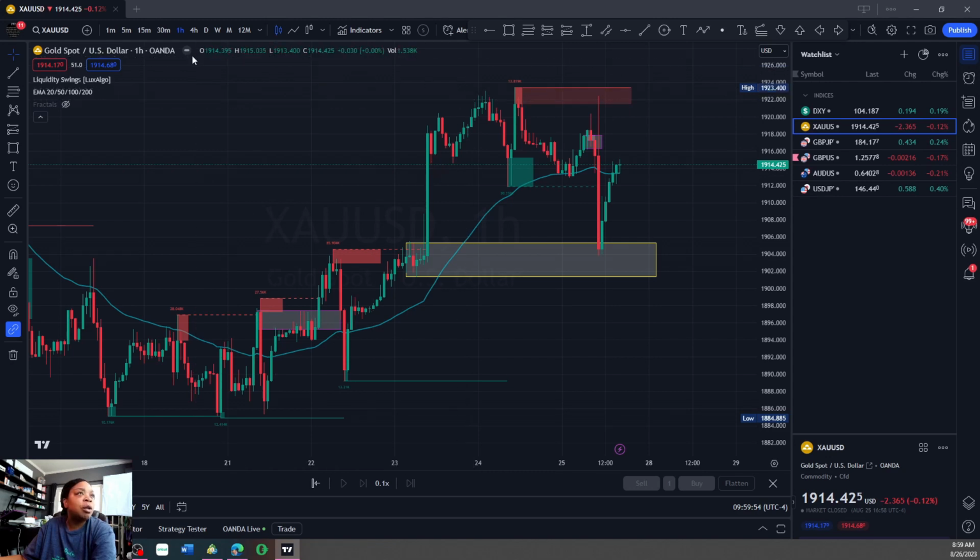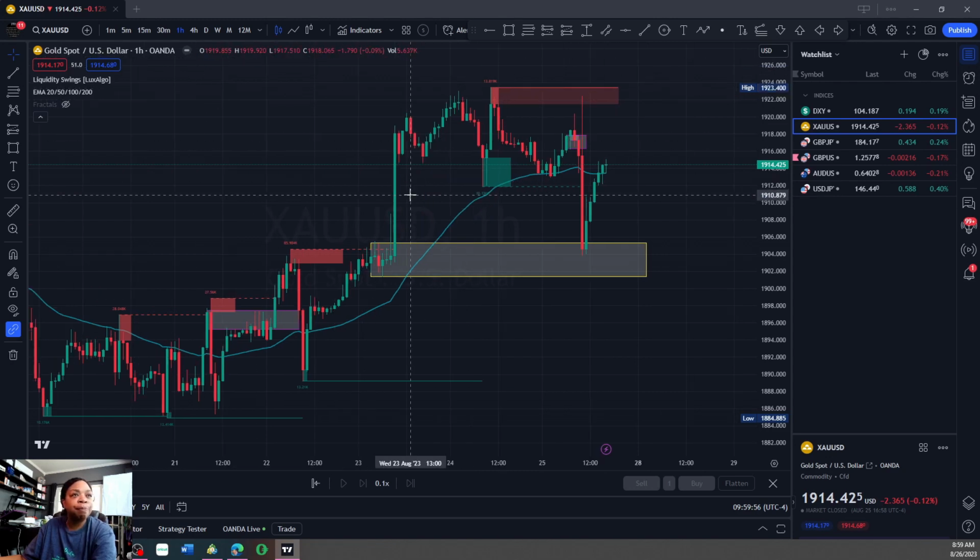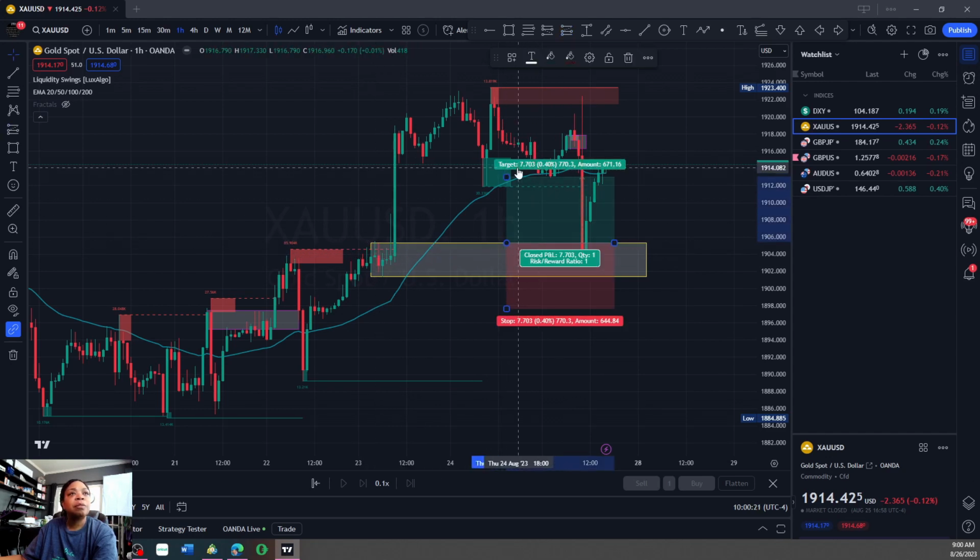So if you were to trade on the 1 hour, let's see what you would have gotten on the 1 hour. And mind you, this is an incomplete trend right now, because this is where the market ended on Friday. So if you have a long position and you were using this demand zone here, take that long position.